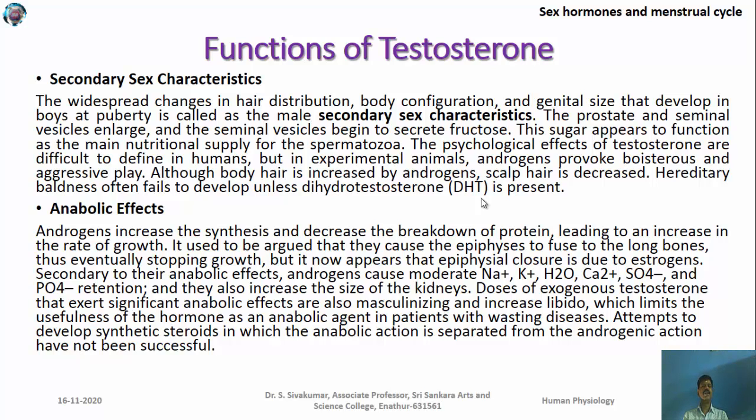The prostate and seminal vesicle enlarge and the seminal vesicle begins to secrete fructose. The sugar appears to function as the main nutritional supply for the spermatozoa. So the synthesis of sperm as well as the production of fructose, which provides energy for the movement of the sperm, are all achieved by the stimulation of testosterone.